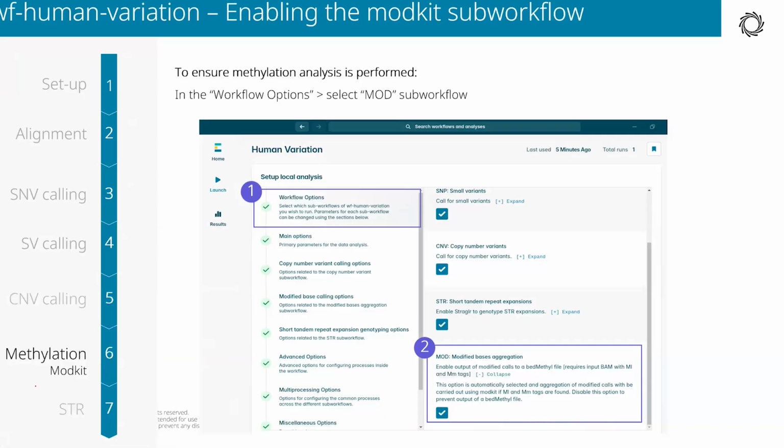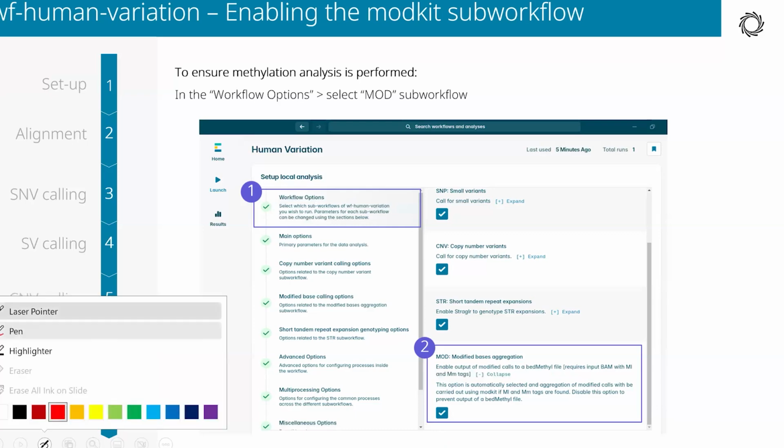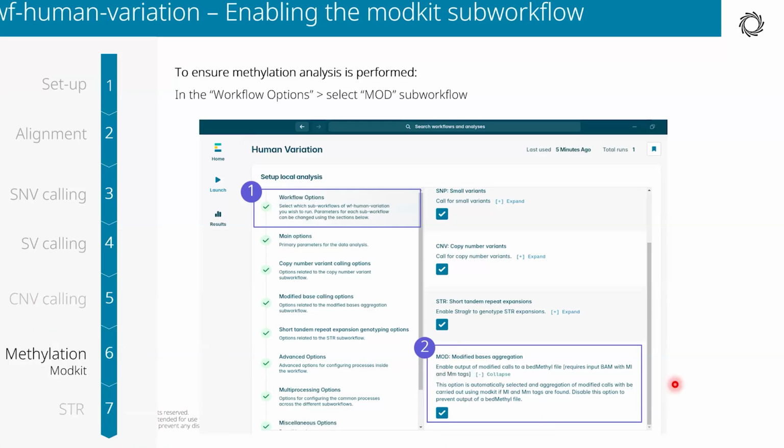This includes turning on or off different features like single nucleotide variants, copy number variants, STRs, but also the mod pipeline. For human variation, since it's only a single sample, there's no comparison that can be done. So essentially the mod portion of this is using ModKit to export that bedMethyl file for you, which could make it easier to analyze your data.